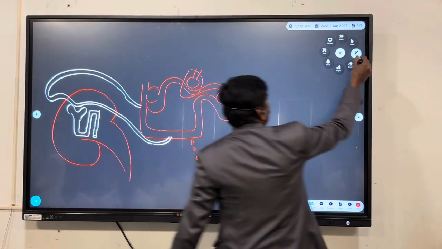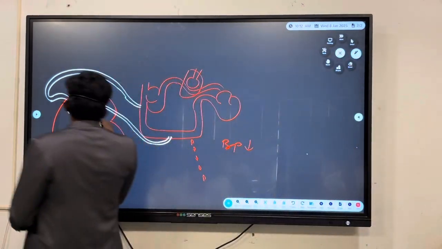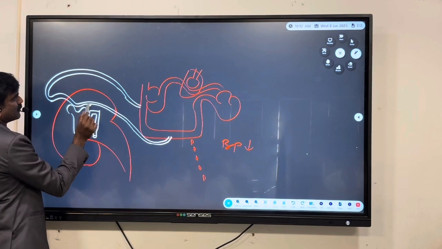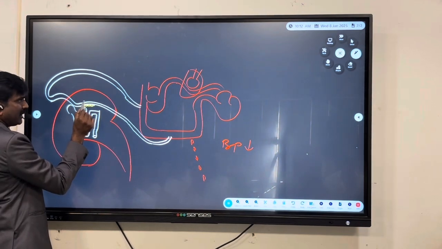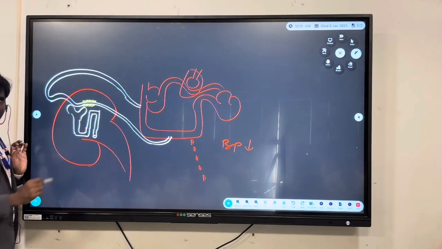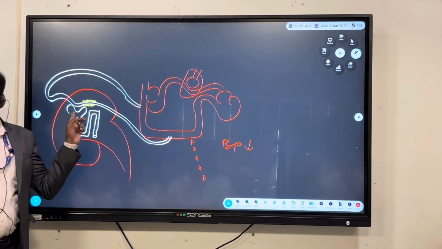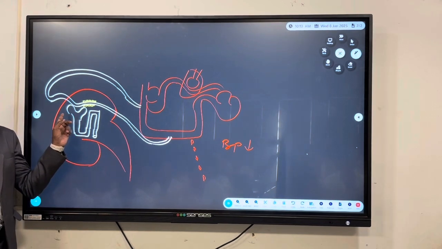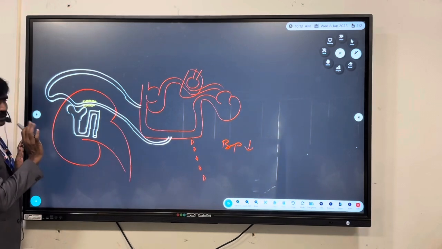Again I will tell. The smooth muscles, this is smooth muscle, right? The smooth muscles of the afferent arteriole near the glomerular apparatus undergo certain modifications, the smooth muscles of the arteriole, right?